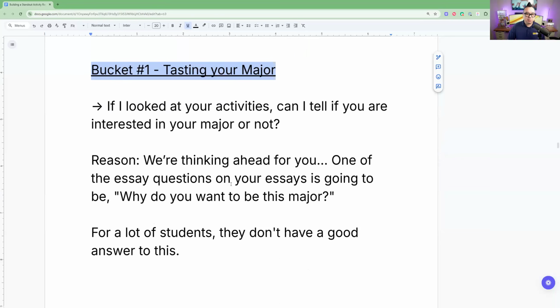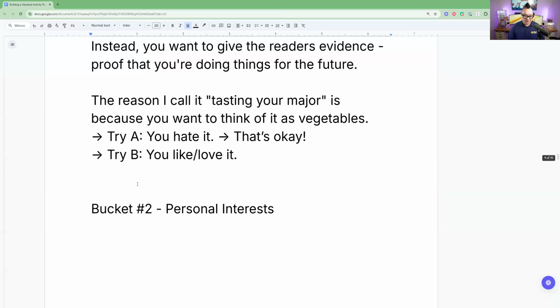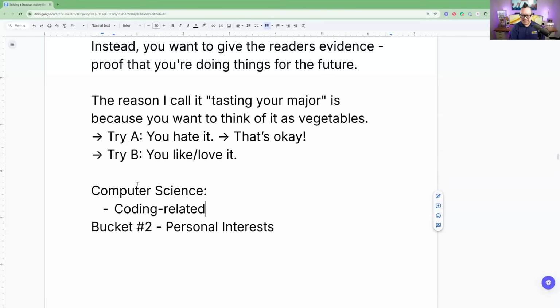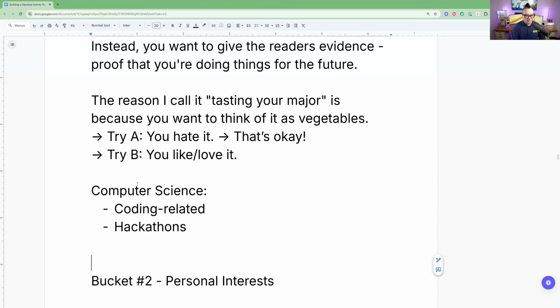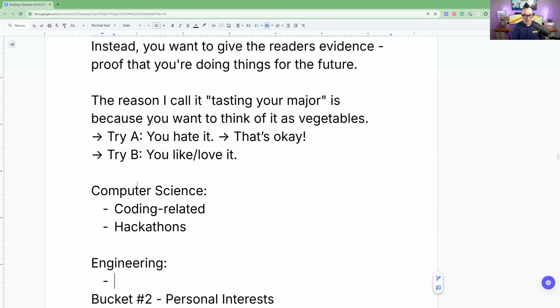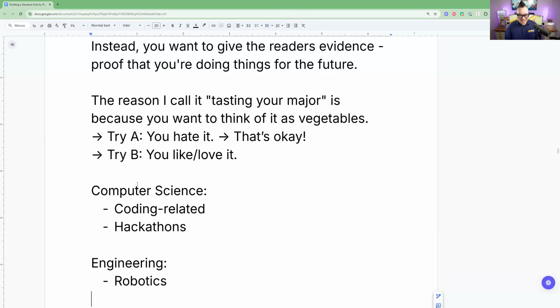And for a lot of students, this would be very similar, right? If you're computer science, I'm assuming a lot of you guys have something coding related, hackathons as well, things like that, right? For those of you in engineering, a lot of you guys do robotics. That's like the big one as well.